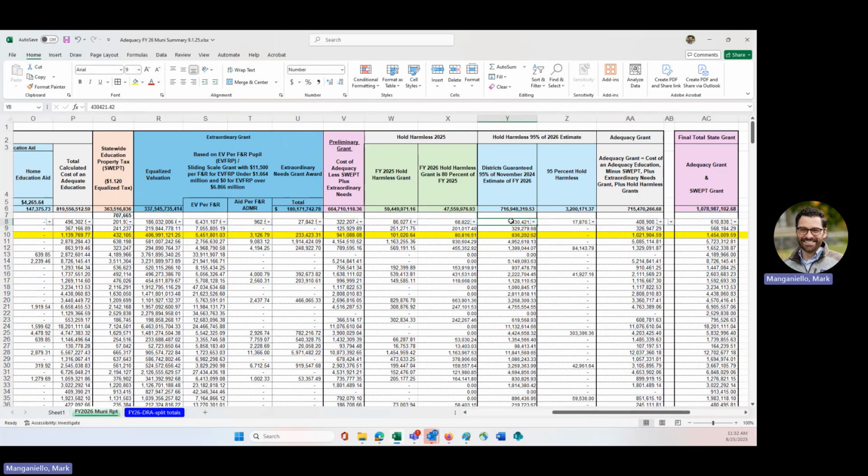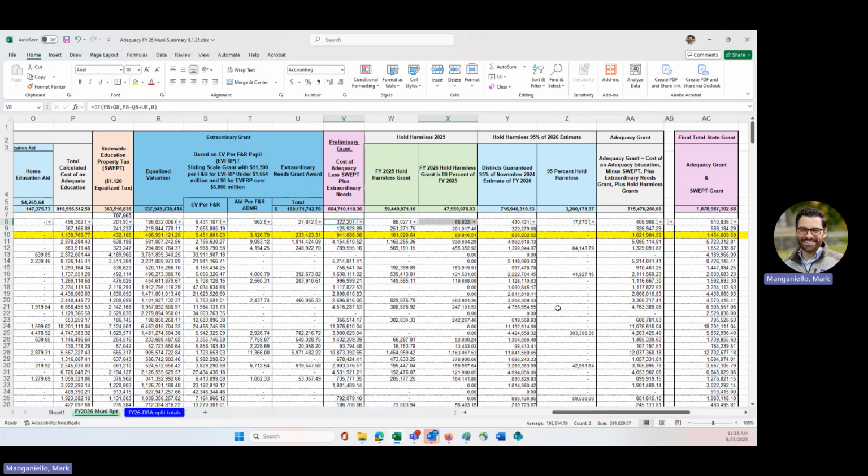And so if we were off in our estimate, you're guaranteed 95% of the adequacy funding that we originally estimated for you. So if we look at, I'll pick on Ackworth here, 430K was the number we estimated that Ackworth would receive. But if we do this math here, this 68K plus this 391K is the number.